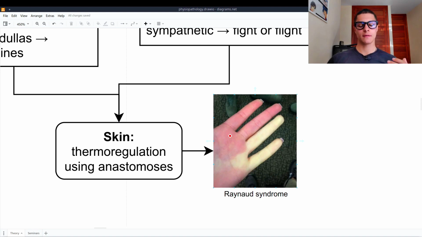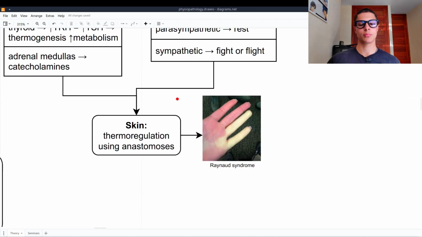So instead of giving blood to all these capillaries that are present in your fingers, it skipped them and returned directly to your arm here. There is a problem when you have only a few fingers white, or maybe only one hand white. This means that it lacks blood, and this is called Raynaud syndrome, and it can be very problematic.